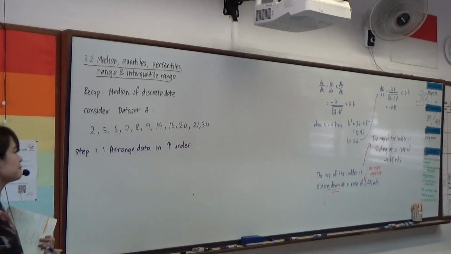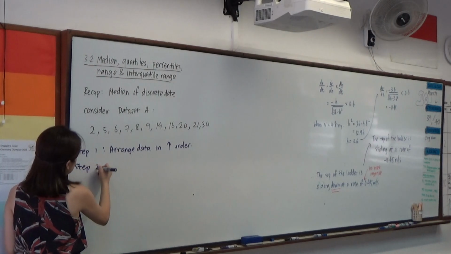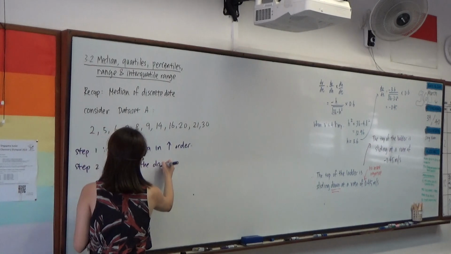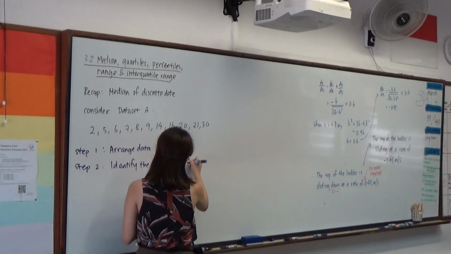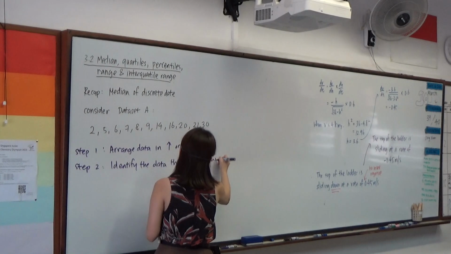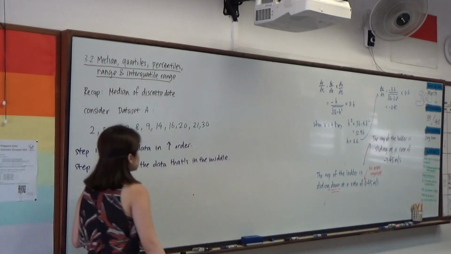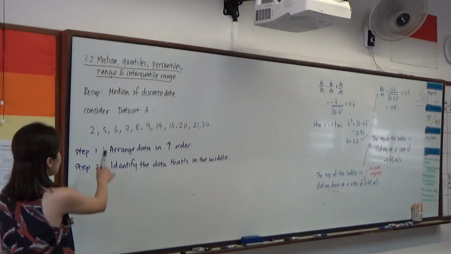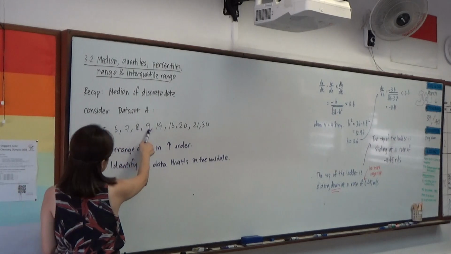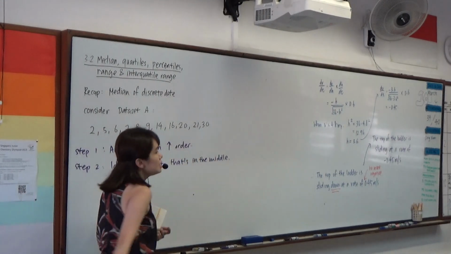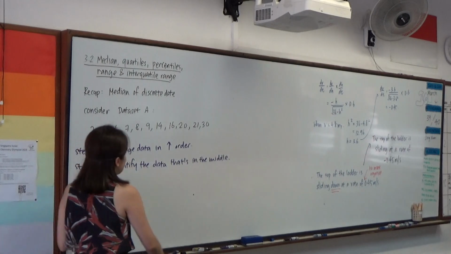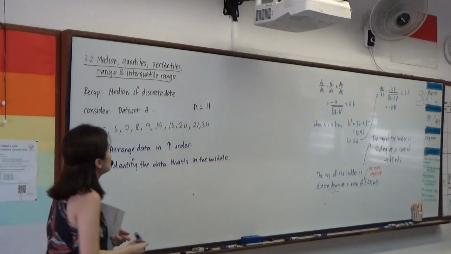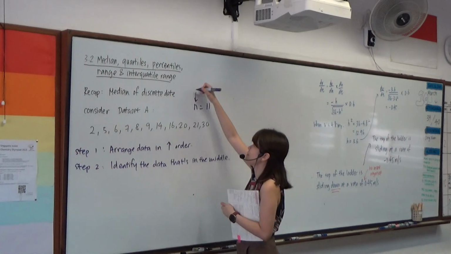Step number 2 to find out what the median is, is to identify the data that's in the middle. In this case, we count 1, 2, 3, 4, 5, 6, 7, 8, 9, 10, 11. There's a total of 11 data values. Usually we use the letter N to represent the number of data values.